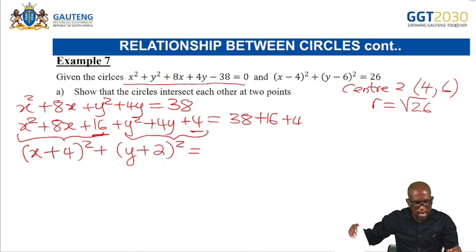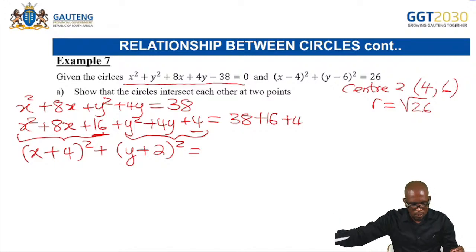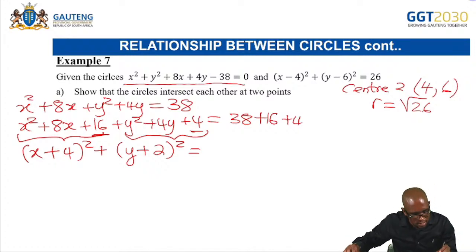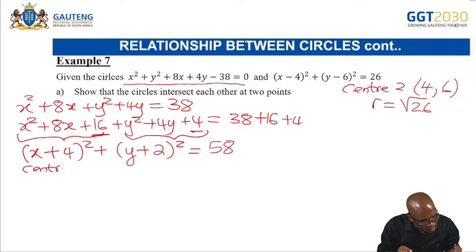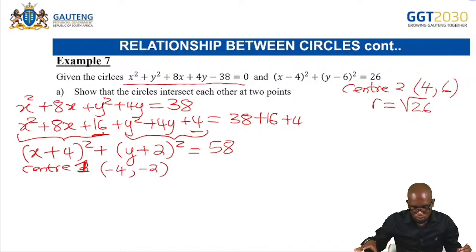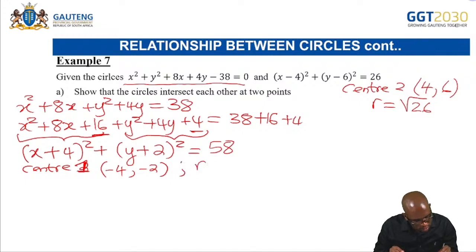Then you have 38 plus 16 plus 4, which we check in the calculator: 16 plus 4 is 20, plus 38, that is 58. Now, moving on, we can conclude that center 1 is (minus 4, minus 2), and the length of the radius is square root 58.